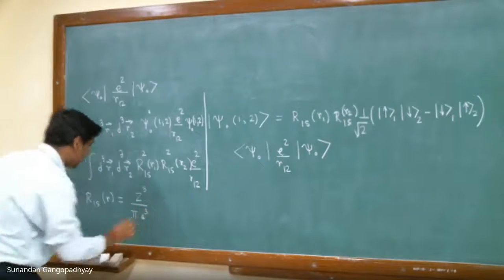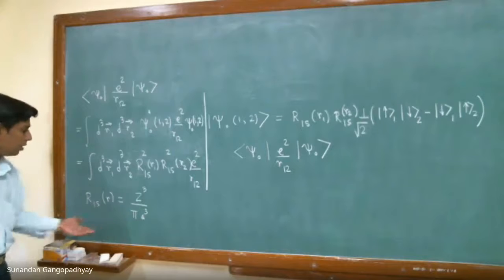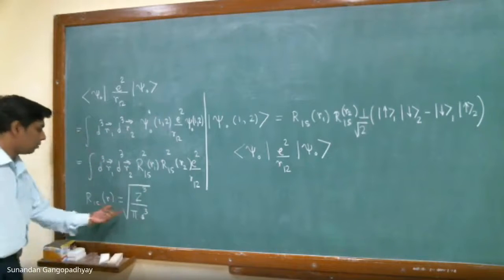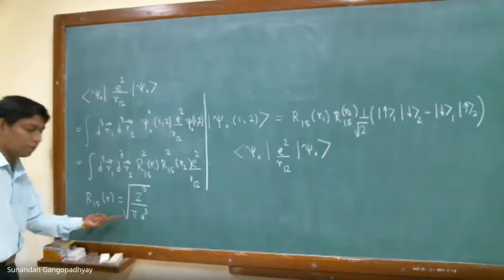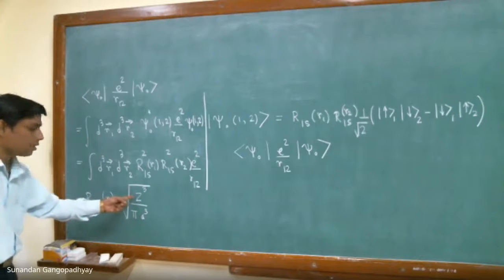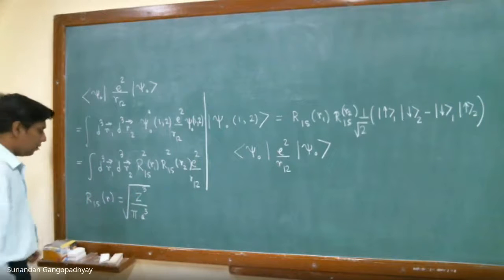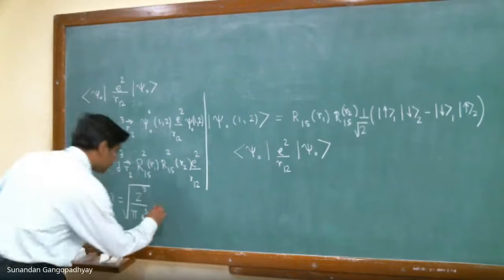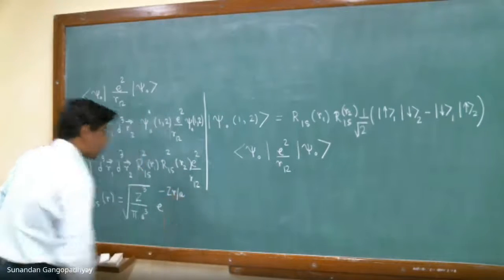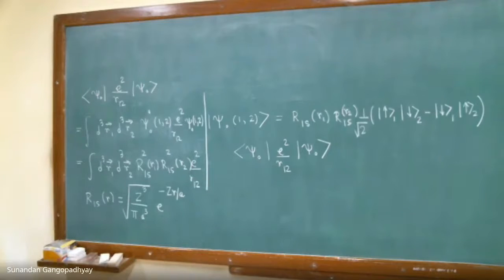So these are hydrogenic-like atoms, and therefore you just write down the radial wave functions for the hydrogen atom, and you just have a Z here, which represents the atomic number. So this is what we have.